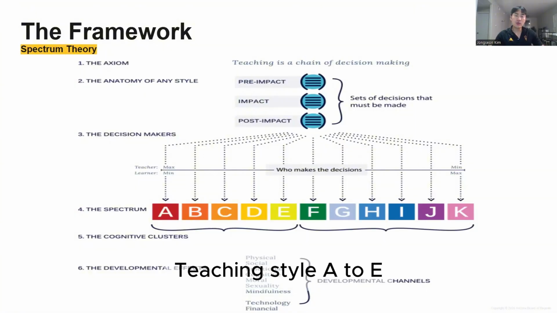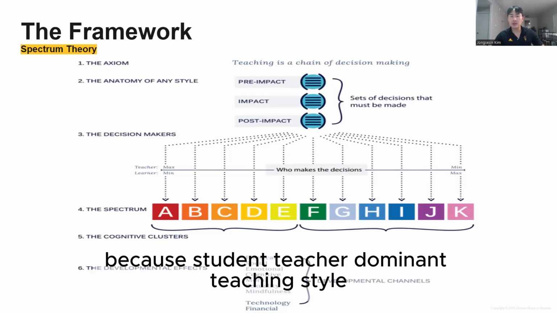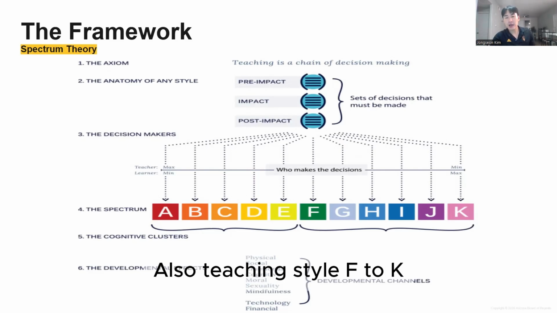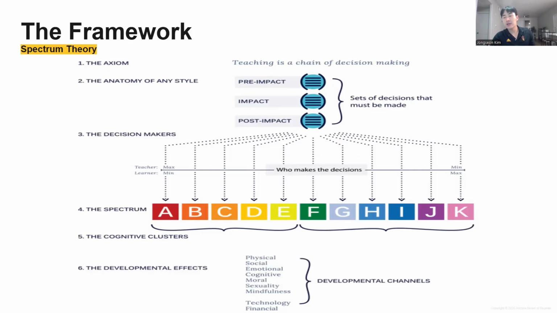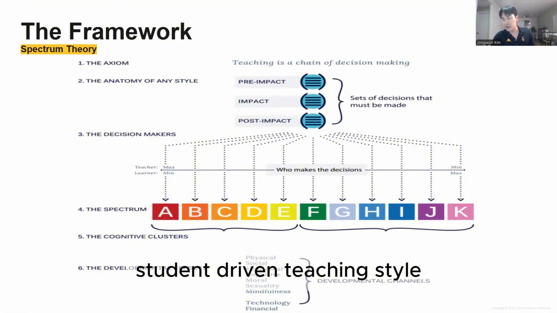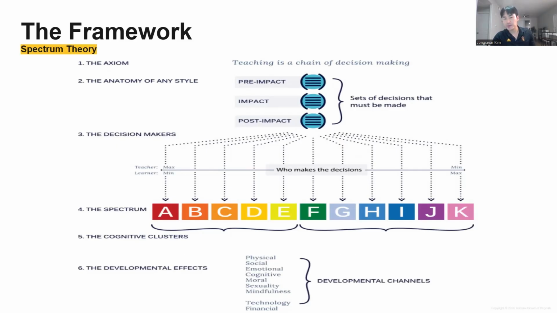Teaching styles A to E are teacher dominant teaching styles because the teacher makes the majority of decisions. Also, teaching styles F to K are called student-dominant teaching styles because the majority of decision making is defined by the student.